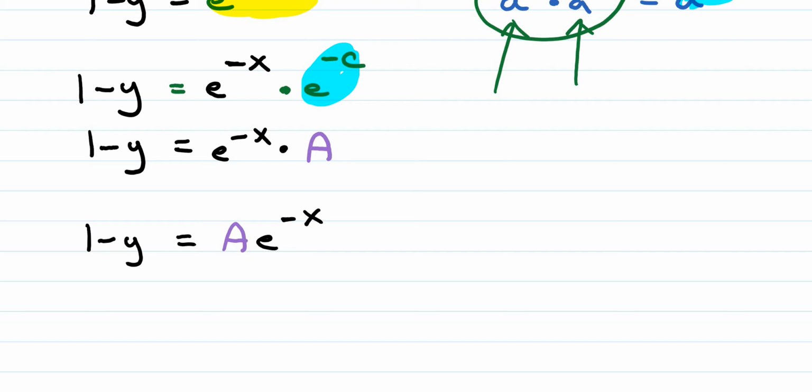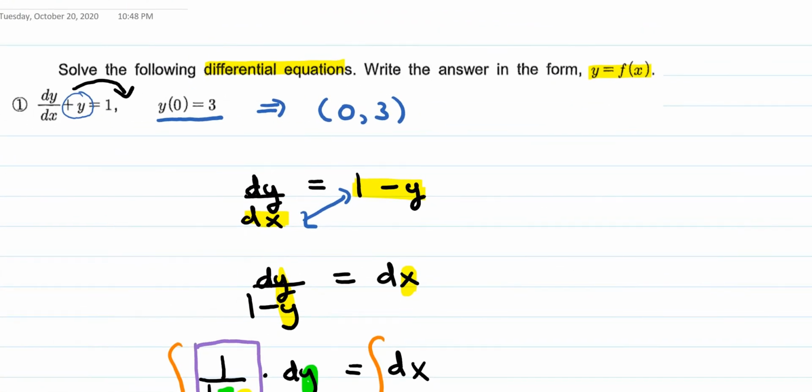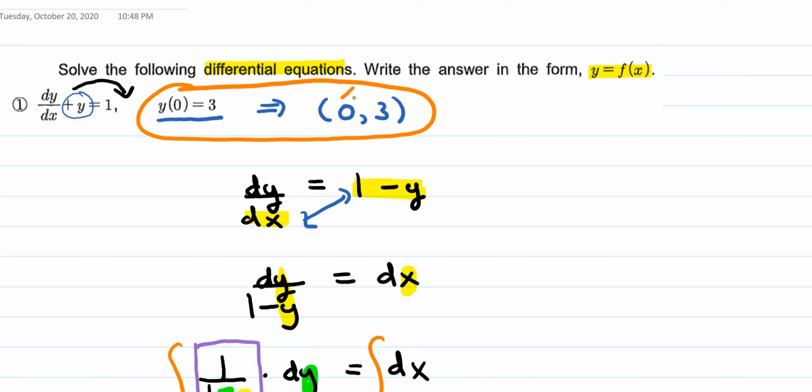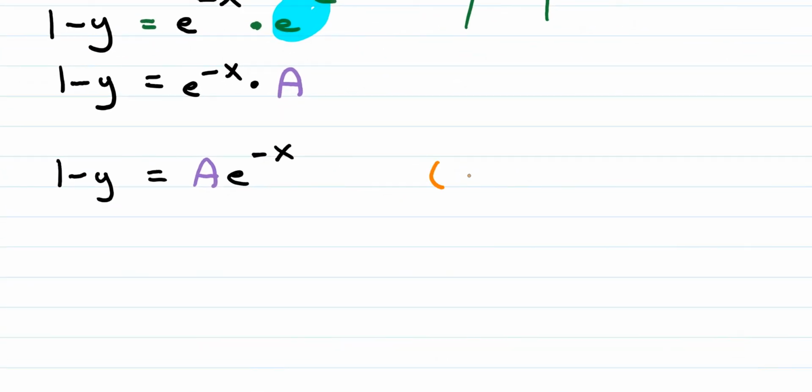After all that work, we need to go back to the original question and use this initial condition, y of 0 equals 3, where x is 0 and y is 3, to solve for our constant. Let's go back to our last step. We know that the equation goes through the point 0, 3. This is going to be x, and this is going to be y.